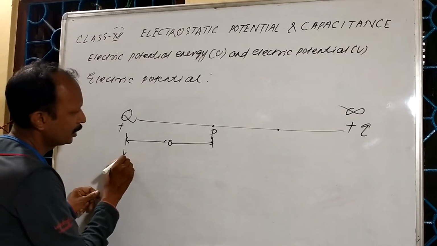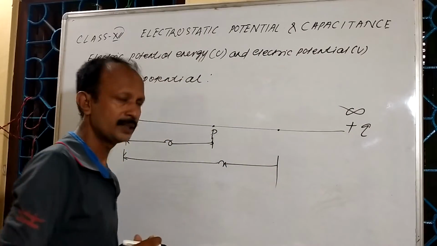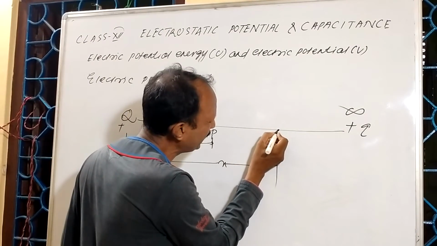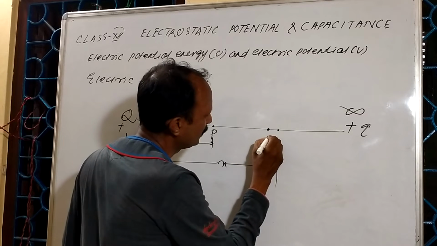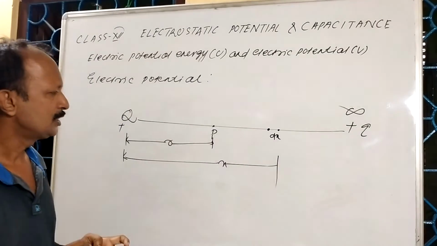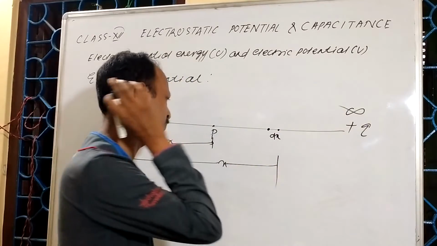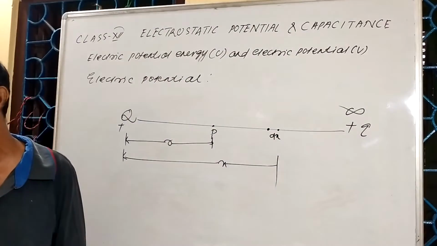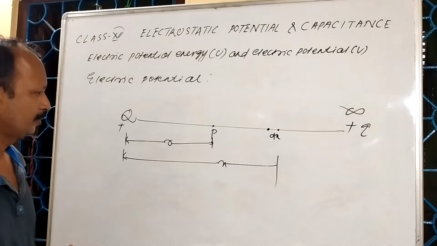For example, I brought it to this point. Now, here to here, the distance is x. Suppose I moved it from here to here, a very small distance. This small distance is dx. I change its position very slowly from this point to this point. Now listen carefully.